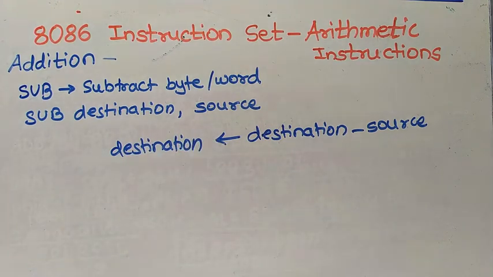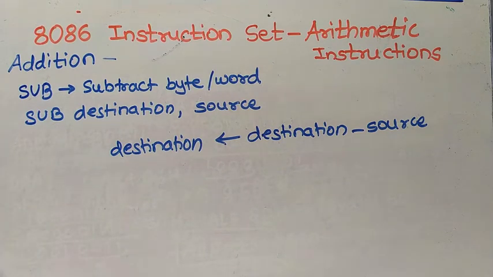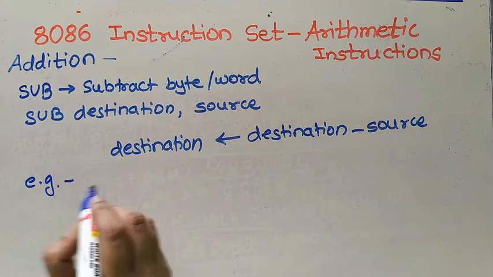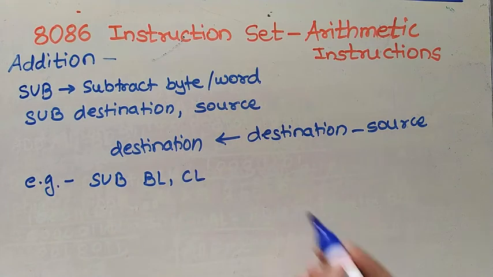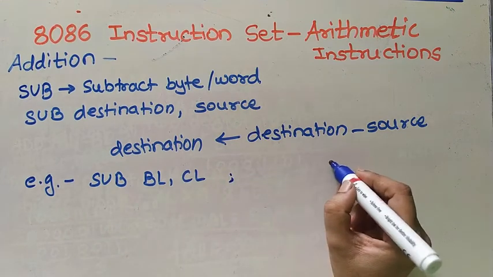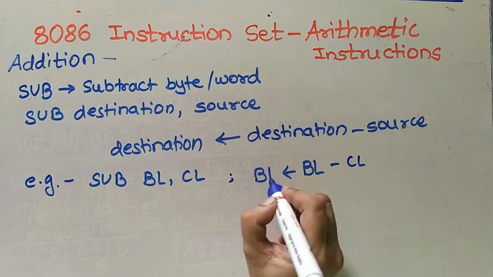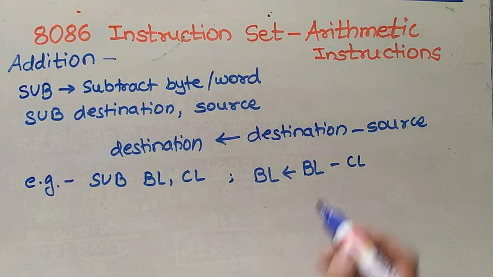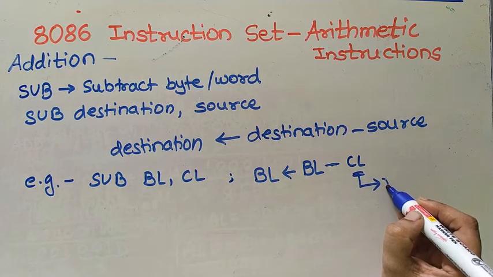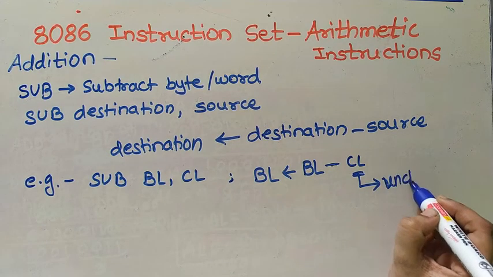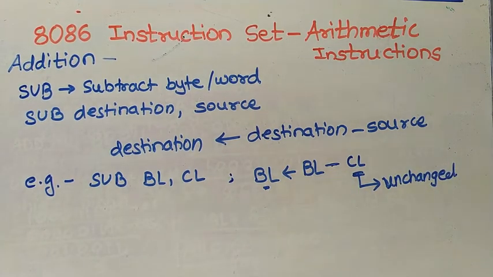Flags are affected after execution of this SUB instruction. Let's check the examples. SUB BL, CL. Here the contents of CL are subtracted from the BL register and the result is stored back in BL. In this case the contents of CL remain unchanged. Only the contents of BL change.